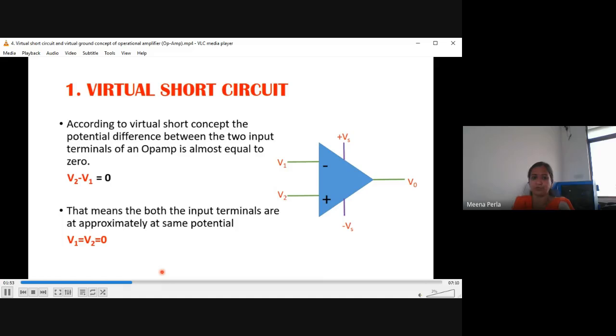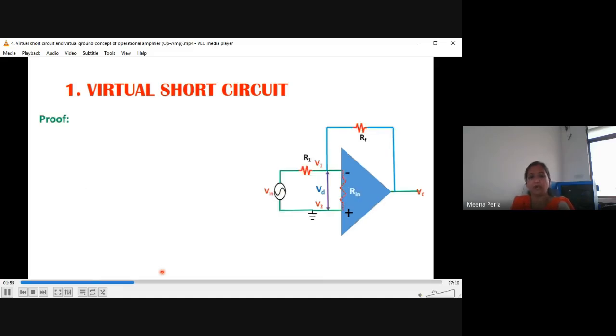We need to prove these two statements, so we prove them using one circuit. In this circuit we have considered an Rin resistor, and the drop across this Rin is VD, the differential voltage.